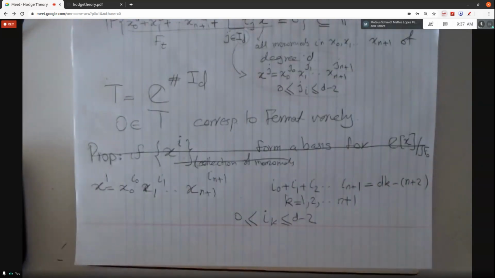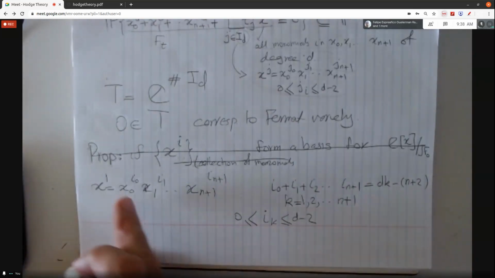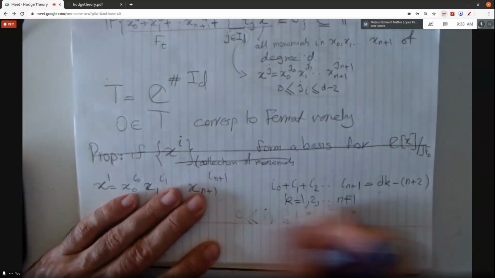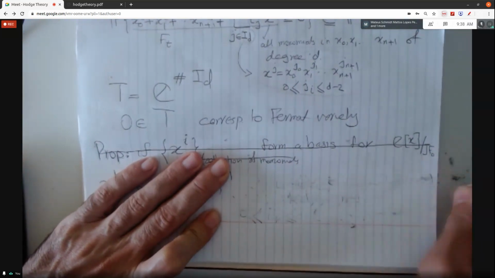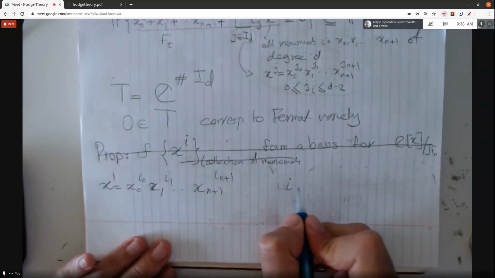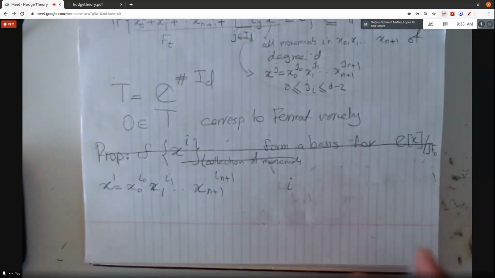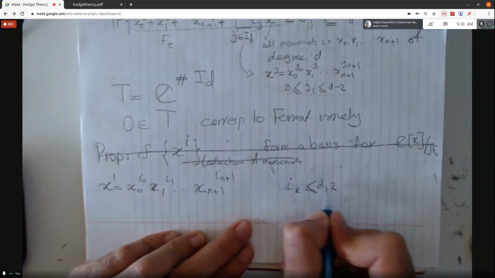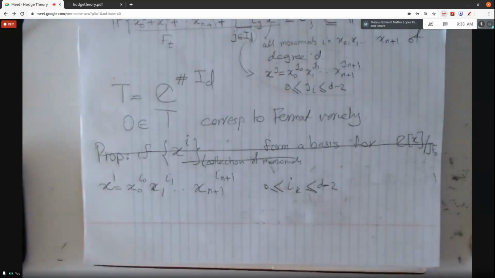So let me see. I want to fix the basis of the Jacobian ring. Maybe okay. So let's take these ones. Actually, it was okay: Ik between 0 and d minus 2.